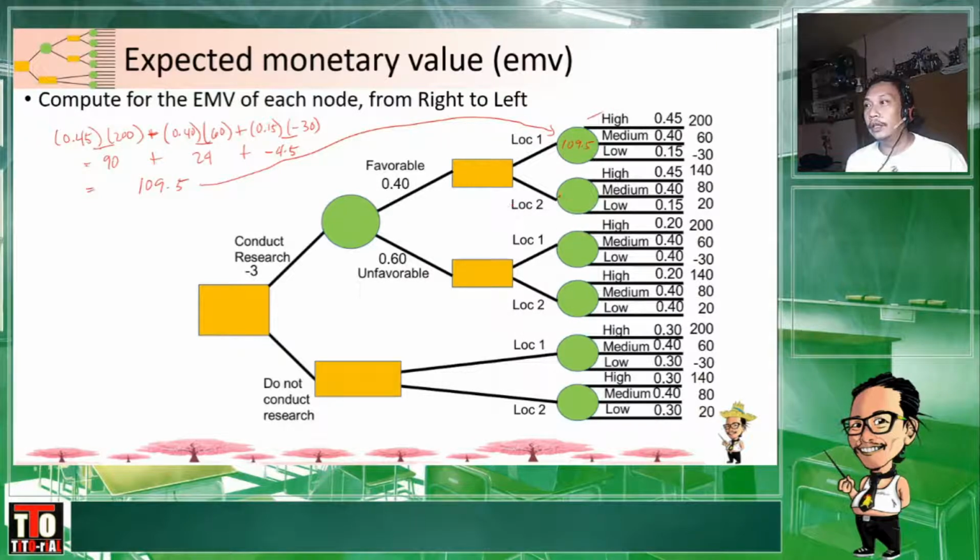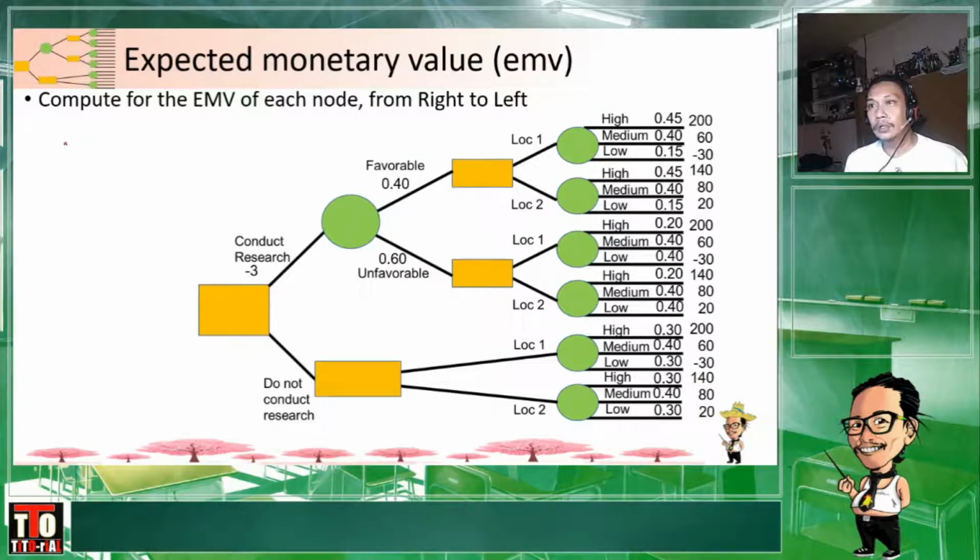So, try naman natin dito kay location 2. Now, since, again, the probability of 0.45 times 140, kasi nandito na tayo sa 140 na to, plus 0.40 times 80, and then plus 0.15 times 20.